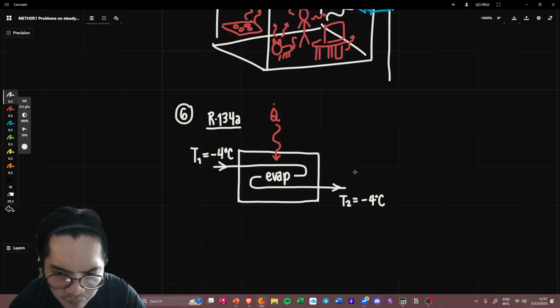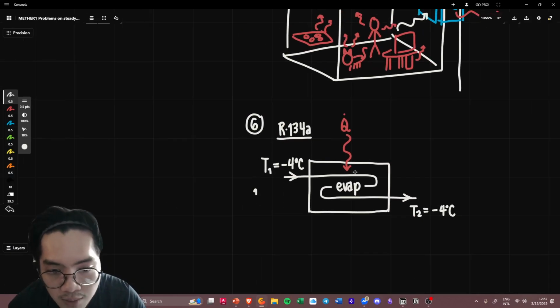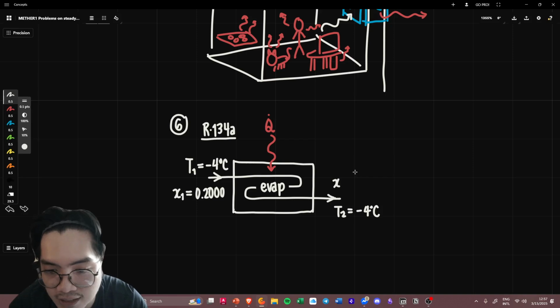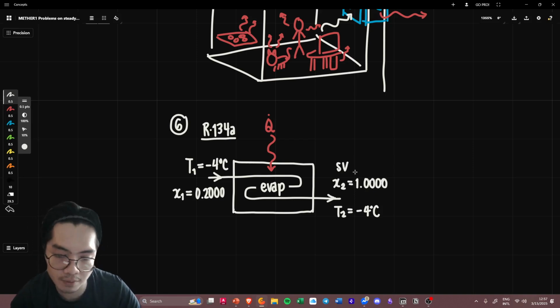So you're thinking, this is isothermal? But no, it's not, because before it only used to be 20% dry, aka its quality at state 1 is 0.20. And by the end, the quality at state 2 is going to be 1 because it's now fully dry, aka saturated vapor.